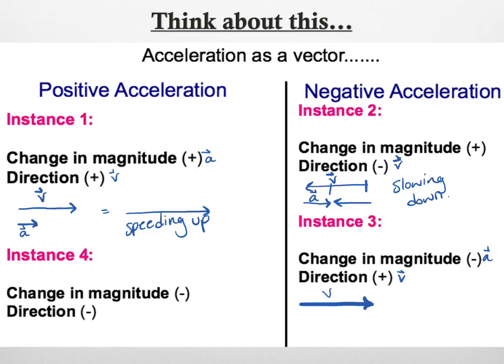That's its initial velocity. And then the acceleration is going in a negative direction. So in this case, that would be to the left. So there's my acceleration. What just happened? Oh, again, we have the acceleration working against the velocity, and we don't have as big of a vector arrow anymore. So therefore, this is also slowing down.